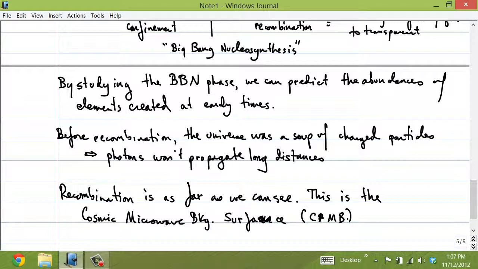So in particular, the echoes of this recombination transition are what is visible to us in the cosmic microwave background. And the surface from which all of this radiation is being emitted is known as the cosmic microwave background surface.